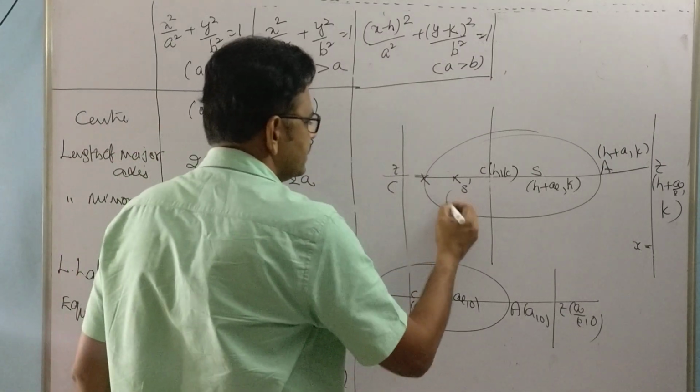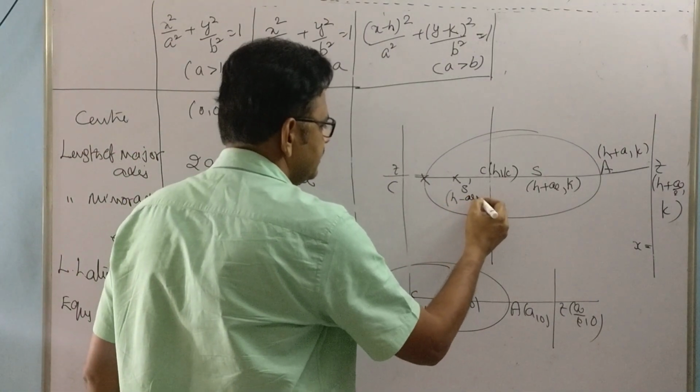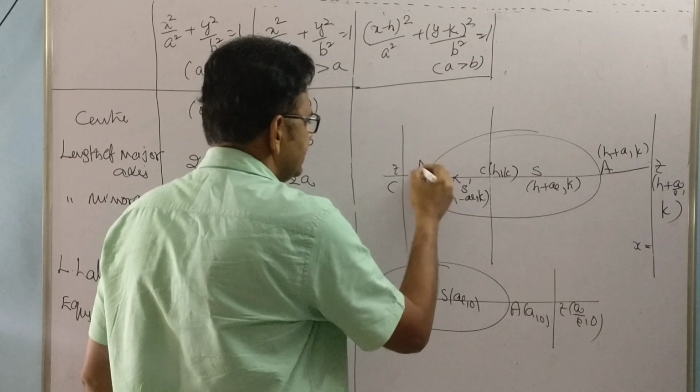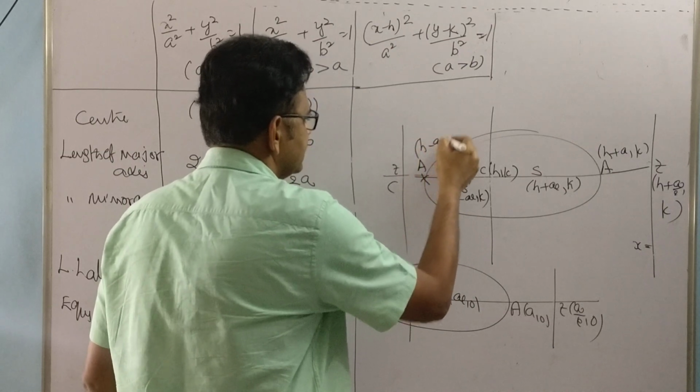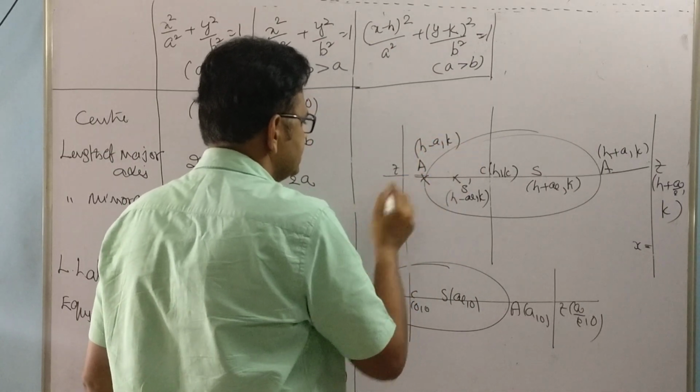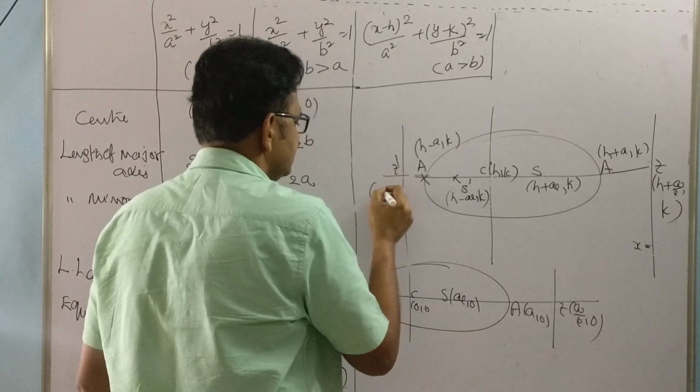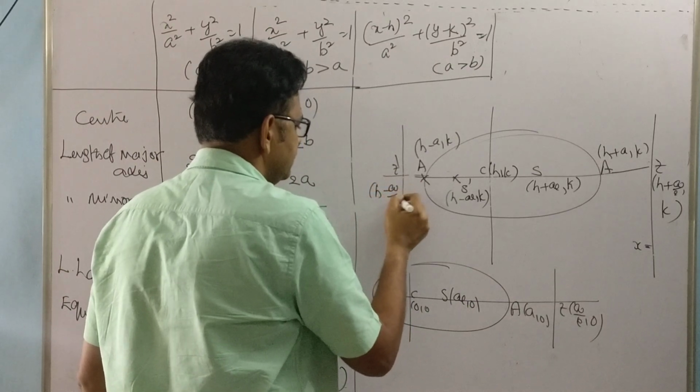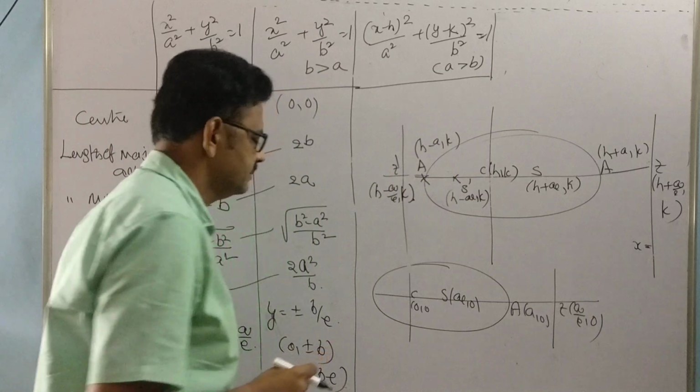So this is S dash with coordinates (h minus ae, k), and A dash with coordinates (h minus a, k), and Z dash with coordinates (h minus a by e, k).